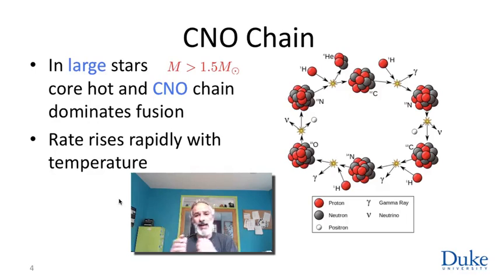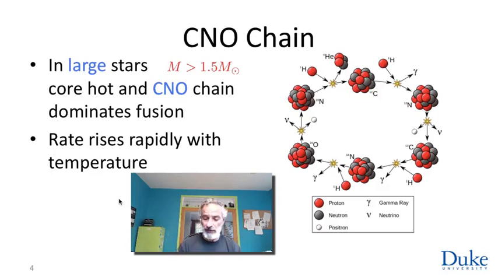And it turns out that hydrogen at higher temperature can produce fusion in a much more efficient way through something called the carbon-nitrogen-oxygen, or CNO chain. This is a process in which the steps are many and detailed, and we don't need to go into them, and you can read up on them.